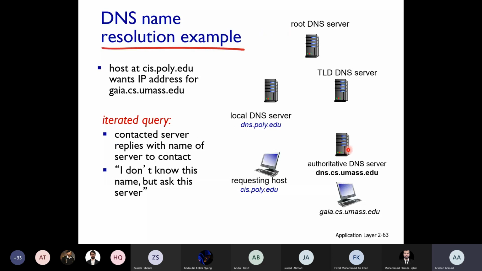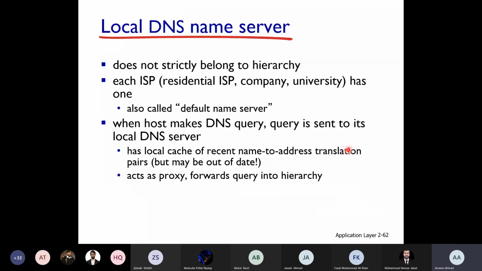But what I want to do now is the last concept of the topic of DNS, the name resolution itself. So we know that if the user does not have the IP of the requested host name in its own cache, the local name server will request the root, the TLD and the authoritative server to get the IP address.